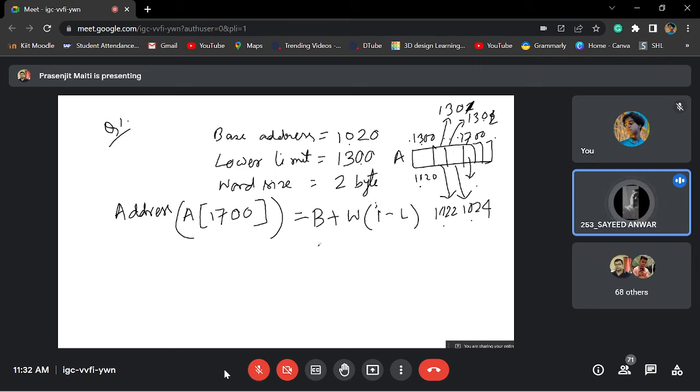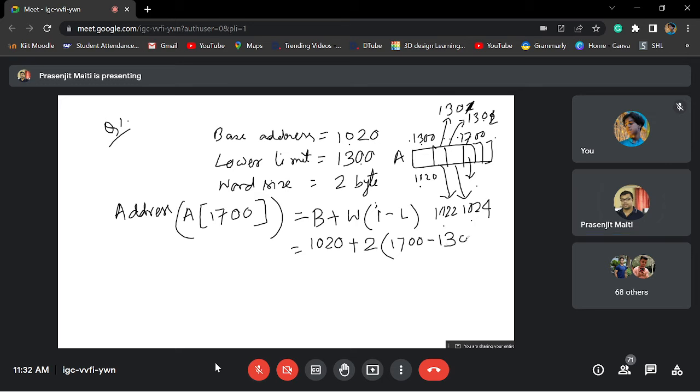What is the base address? 1020. W value is 2, I value is 1700, L value is 1300.